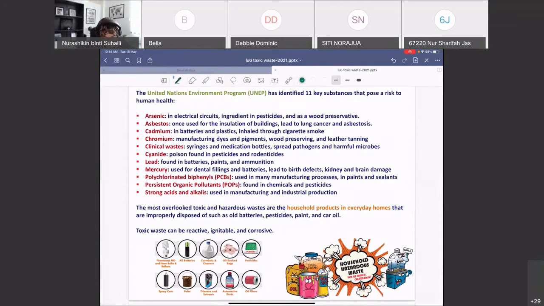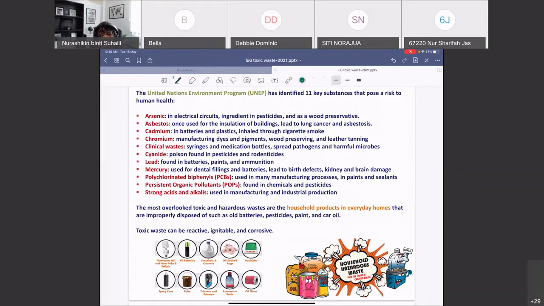For example, arsenic, asbestos, cadmium, chromium, clinical waste from the health industry, from hospitals and laboratories, cyanide, poison in pesticides, lead found in batteries and paints, mercury, polychlorinated biphenyls (PCBs), persistent organic pollutants (POPs), and also acids and alkalis. Those are examples of toxic compounds, and they can be obtained from all of these sources.